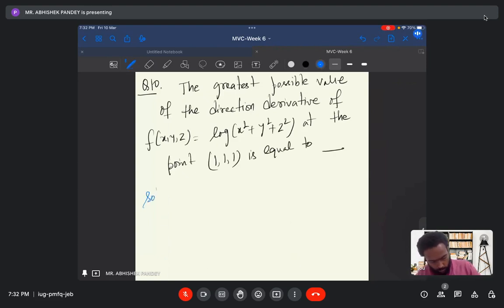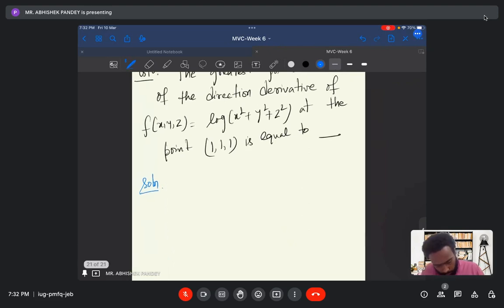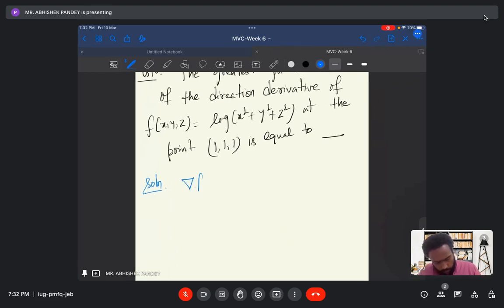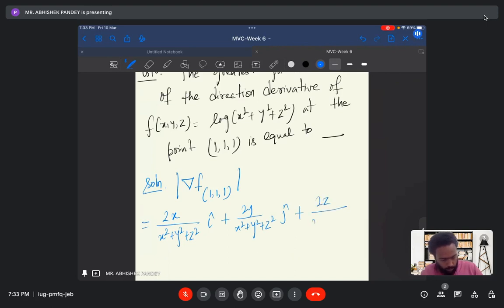Okay, the solution is, again we need to find this thing, del of f at point 1 1 1. Okay, and this modulus. So for that, del by del x of this one, so this will be 2x upon x square plus y square plus z square I cap plus 2y upon x square plus y square plus z square j cap plus 2z upon x square plus y square plus z square k cap.